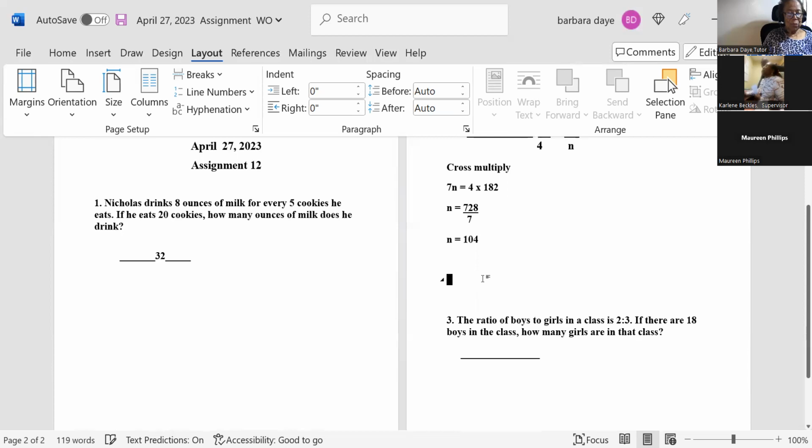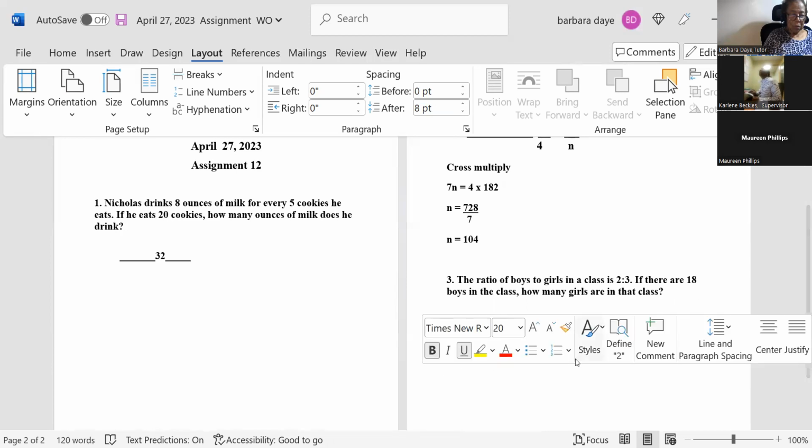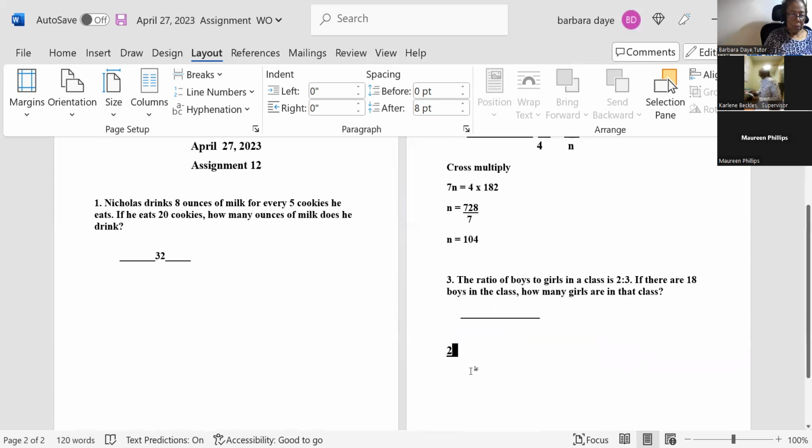Now, what did you do for number 3? 2 to 3. Boys 2, girls 3. Okay, so when you set up your ratio proportion, you had boys to girls. So let's put this is 2 over 3.